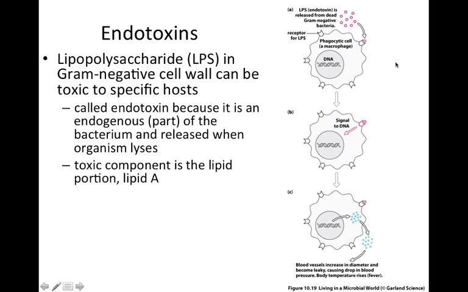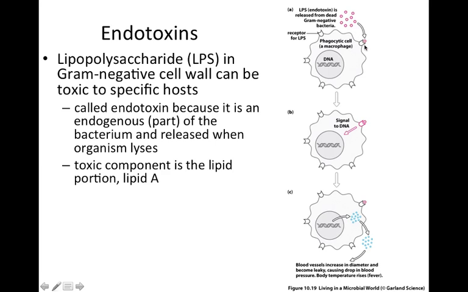Endotoxins are the toxic part of lipopolysaccharide, so lipid A, and this is in the cell wall of gram-negative bacteria. They can have effects on host cells by interacting with innate immune receptors, these pattern recognition receptors on the surface of host cells, such as phagocytic cells called macrophages.